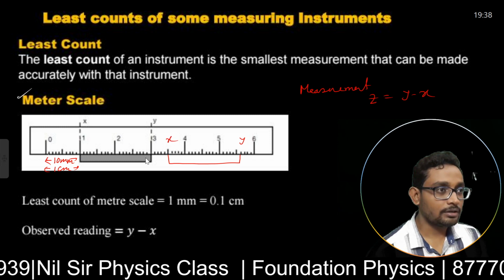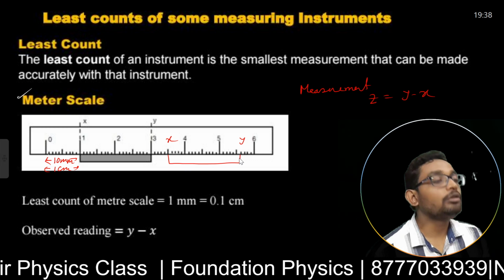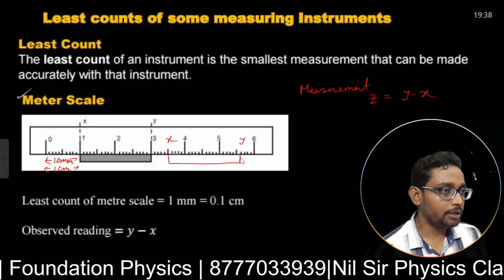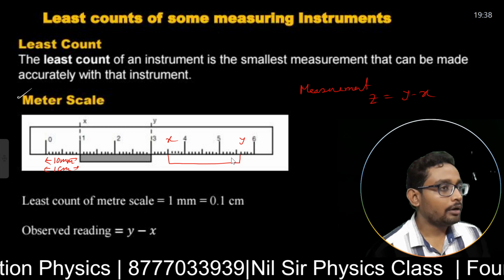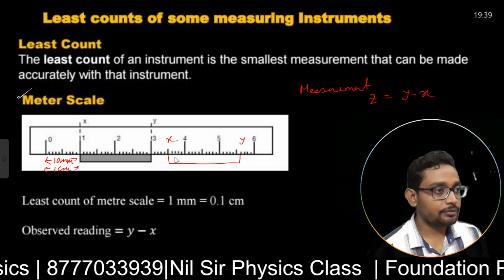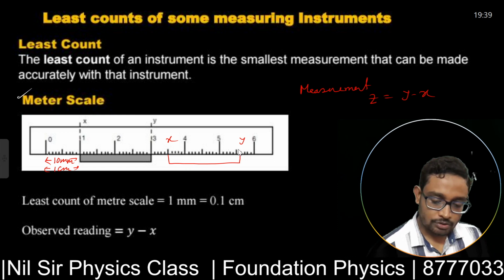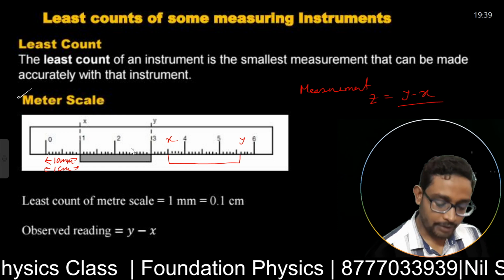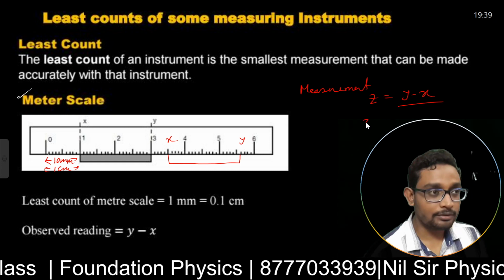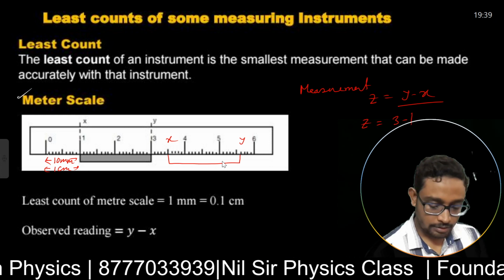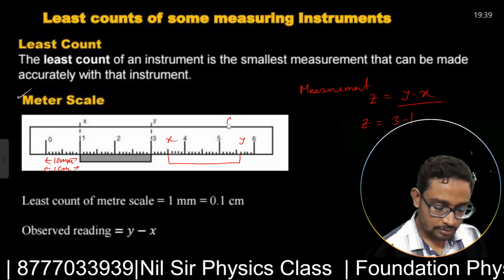You will find where the end touches and where the tail or beginning touches. So this will be your measurement. In this case, Z equals 3 minus 1, in the centimeter scale.